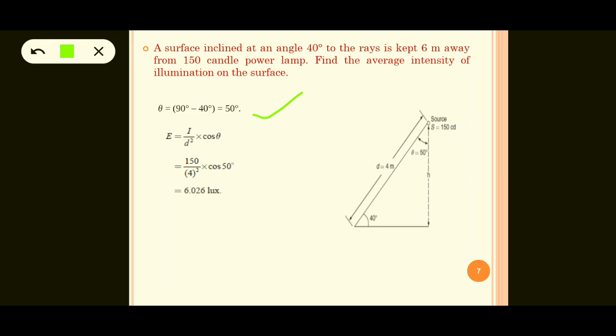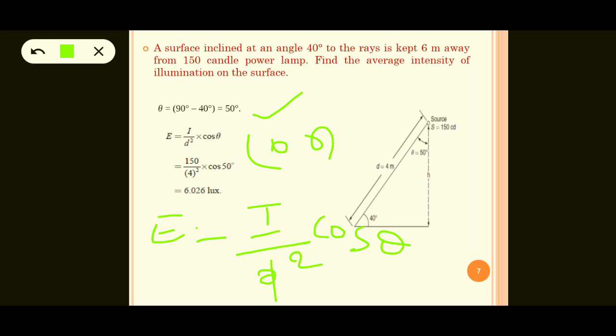So we know the standard equation. Illumination is equal to I by d square cos theta, or I by h square cos cube theta. Anyone we can substitute in these two equations.